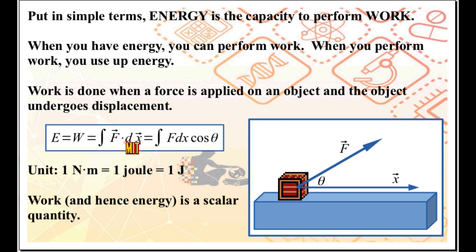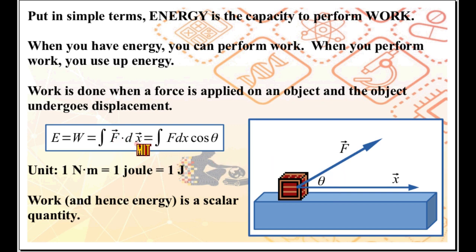By definition, that product is a vector dotted with another vector, and that is equal to the magnitude of the two vectors multiplied by the cosine of the angle between them.